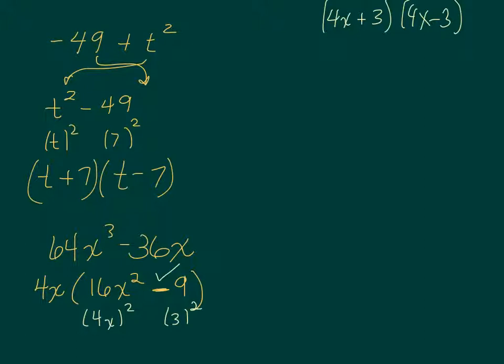I know what you're thinking. I can't forget about this 4x on the outside. So 4x times 4x plus 3 times 4x minus 3. And that's it. Okay. What about this one?